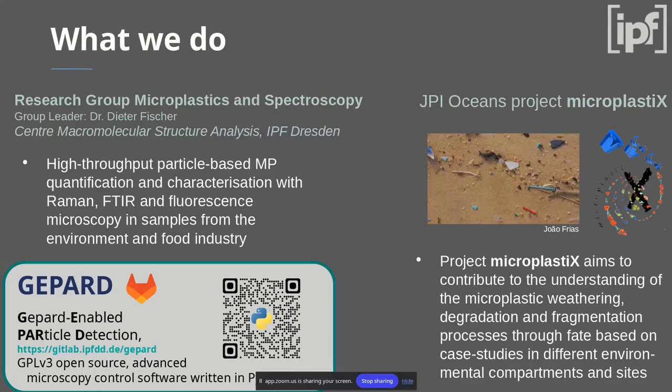And the Microplastics project had the aim of contributing to the understanding of microplastic weathering, degradation, and fragmentation. So there was a case study of different environmental compartments and sites where microplastics were exposed to environmental conditions.